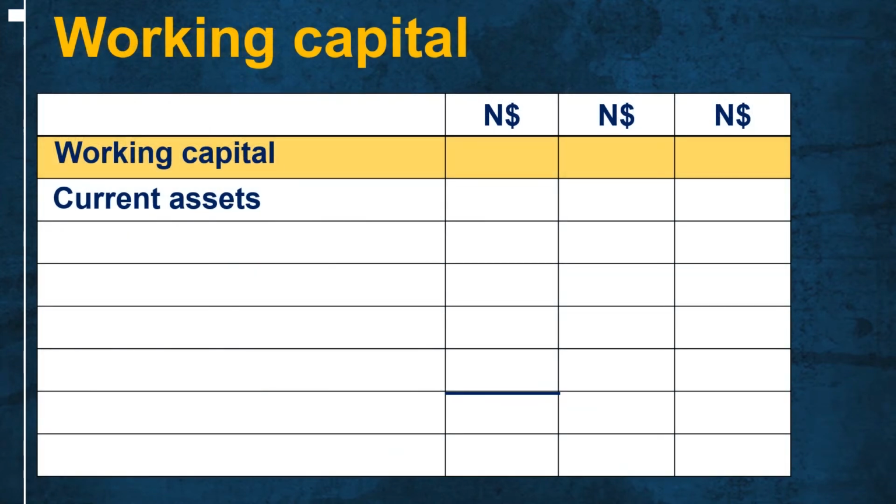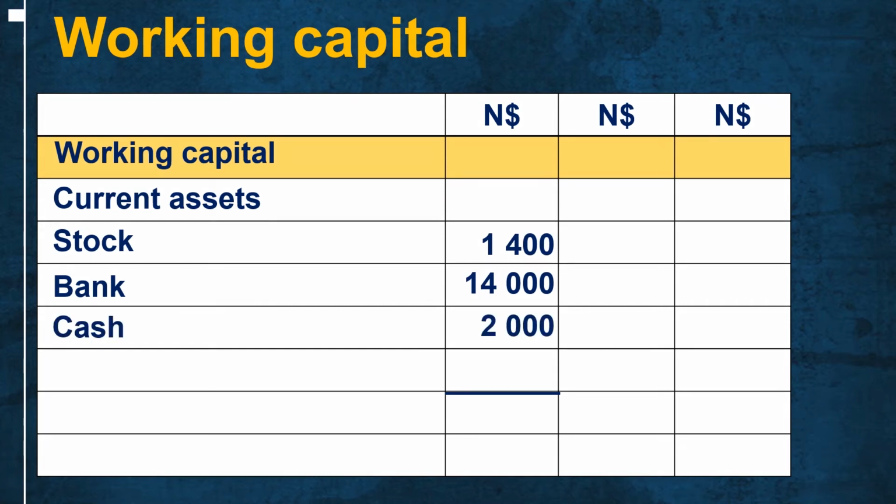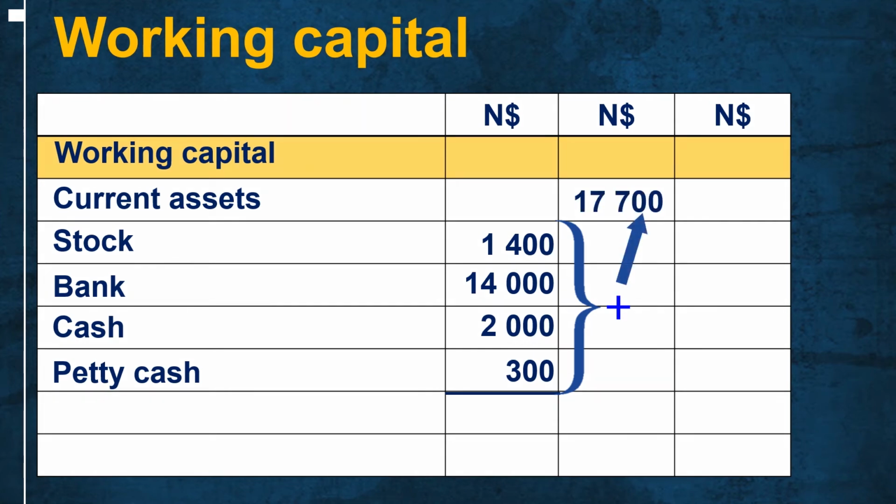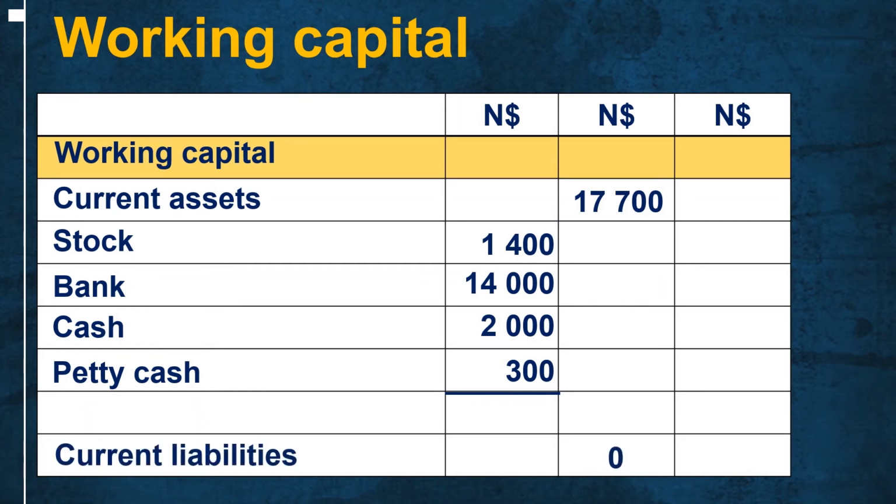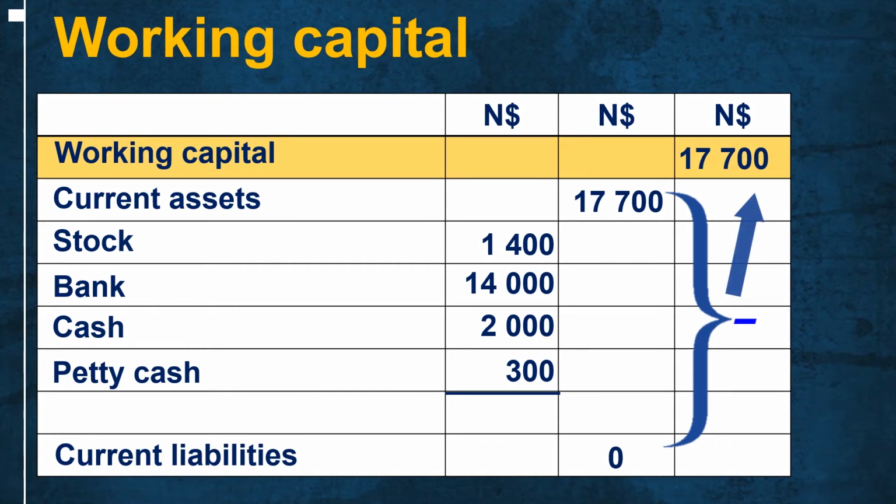Now, to calculate working capital, we will take stock of 1,400 Namibian dollars, add bank of 14,000 Namibian dollars, add cash of 2,000 Namibian dollars, add petty cash of 300 Namibian dollars, and the total of the current assets will be 17,700 Namibian dollars, less current liabilities of 0, then the working capital will be 17,700 Namibian dollars.